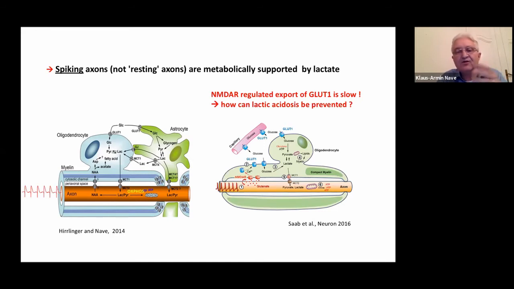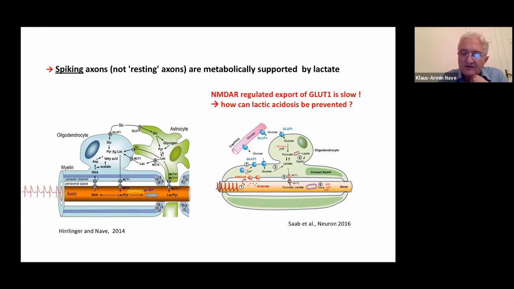It adapts over the course of many minutes, 15, 30 minutes. It's not adapted to prevent excess lactate in the short range. So there must be a way of getting rid of lactate even in the short term. So how does a system like that get rid of excess lactate? If the muscle makes too much lactate, it goes to the bloodstream, you have some muscle ache, but then it's gone. But in white matter, it's not so trivial.